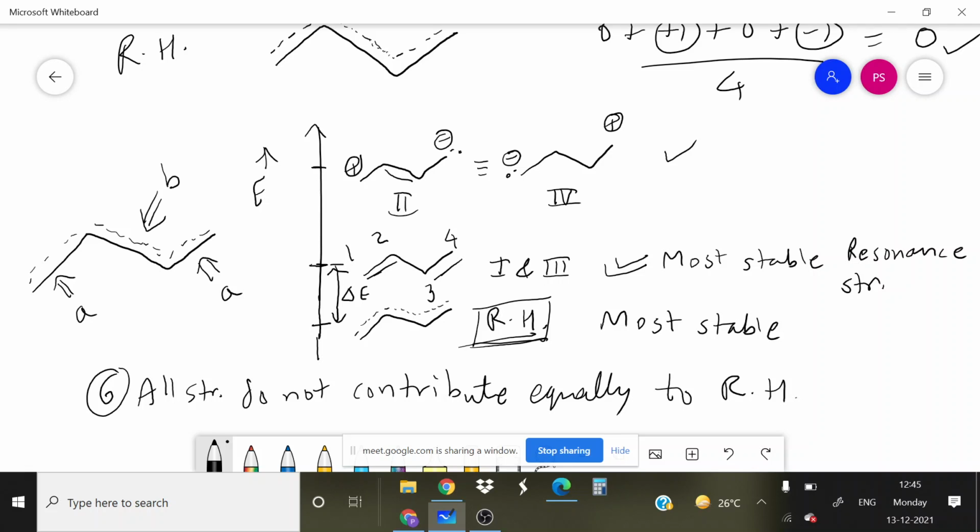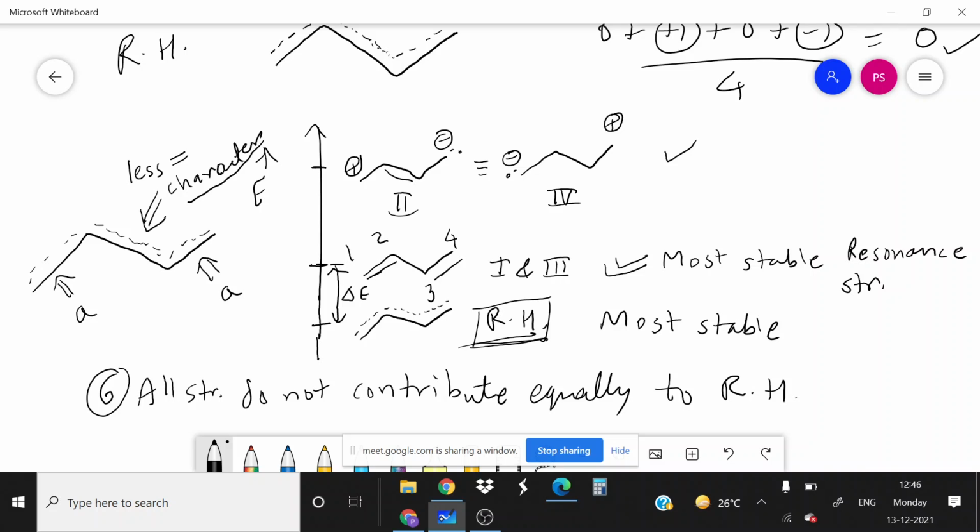So more double bond character is in the A type bonding. In B type, double bond character is less. Okay. So here there is less double bond character in between the second and third carbon.